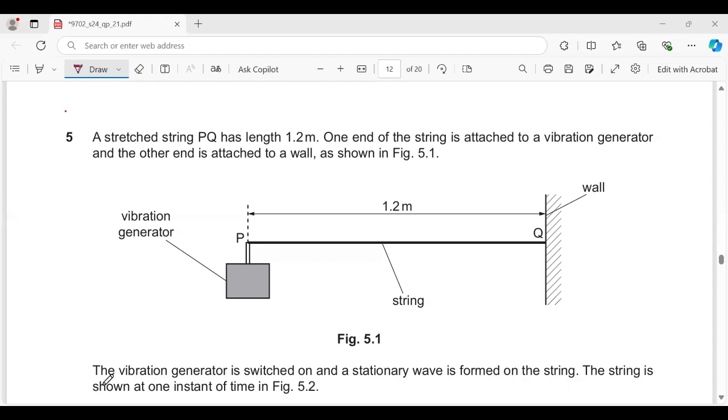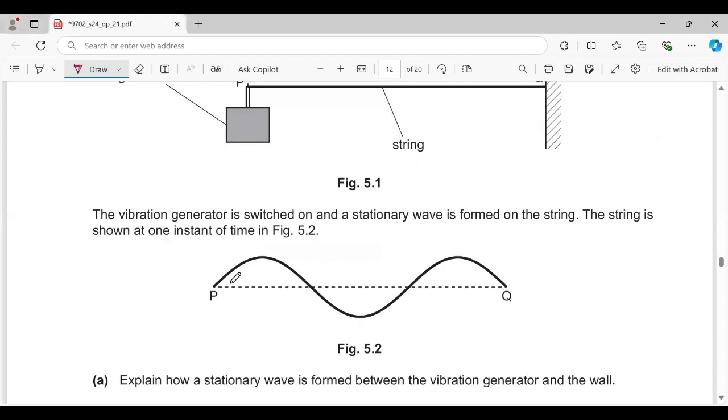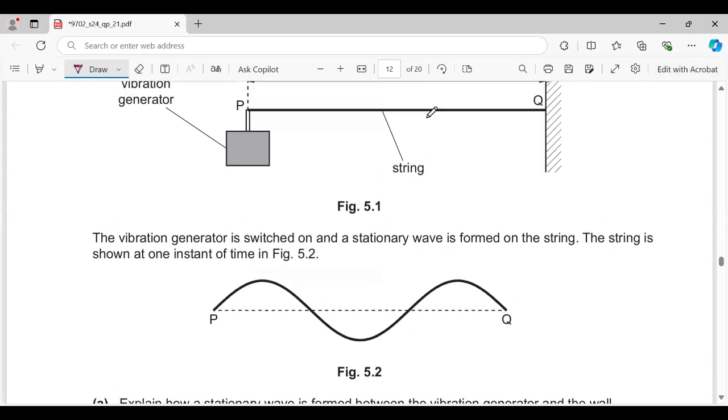The string is shown at one instant of time in figure 5.2. So when the vibration is happening, this string will be like this, with 1.5 waves.